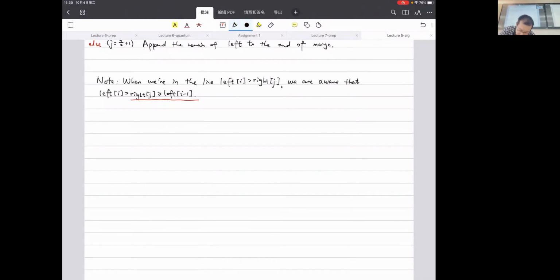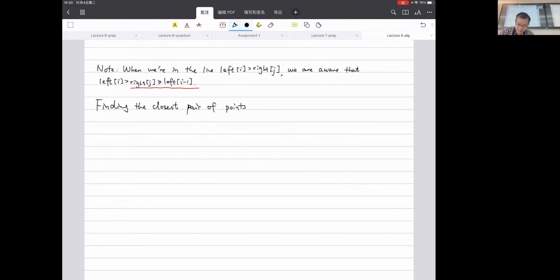So the next example we are going to talk about is finding the closest pair of points. Of course we need to define this. The problem is that we are given n points in the Euclidean plane, a two-dimensional Euclidean plane.